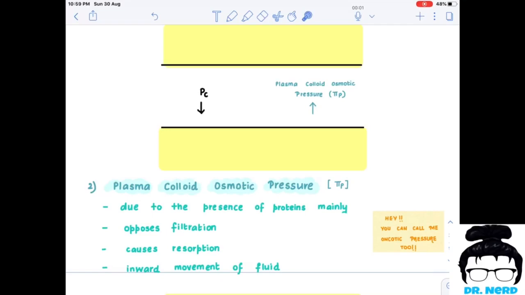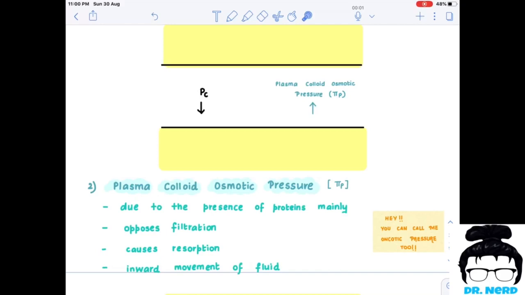It is responsible for sucking the fluid inside the capillaries. It sucks the fluid from the interstitium into the capillaries, in this direction. So it opposes filtration and it causes reabsorption. It is responsible for the inward movement of fluid.